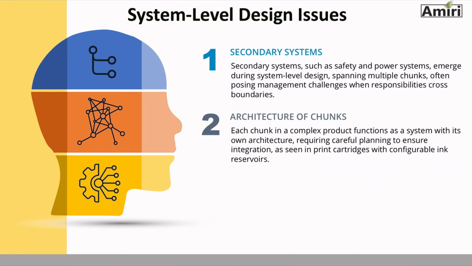Each chunk in a complex product can be a system with its own architecture, containing numerous parts or subfunctions. Careful architectural planning is crucial at both product level and chunk level to ensure that functionality and integration within the larger system is implemented. For example, the architecture of a print cartridge may involve various configurations such as an independently replaceable ink reservoir and something like that.